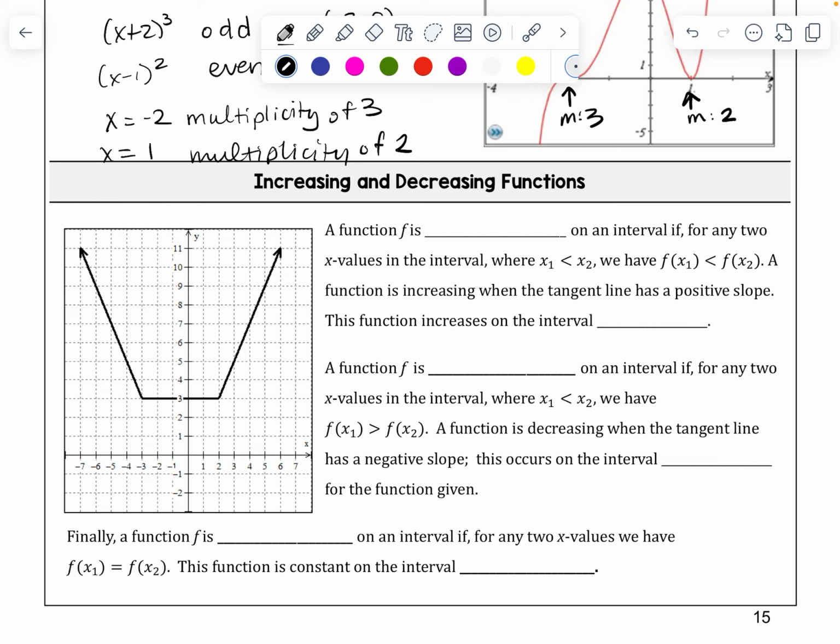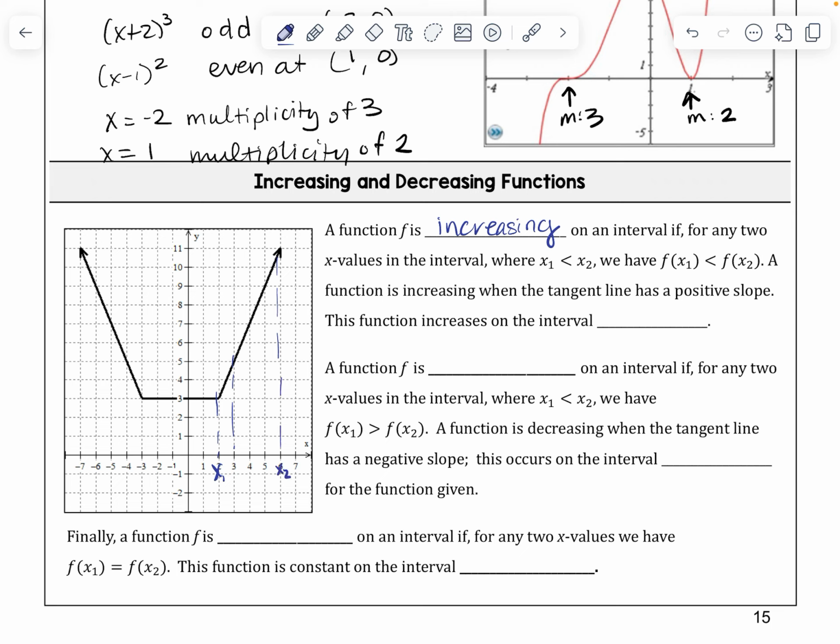So let's talk about increasing and decreasing functions. We've talked about this again in Unit 1 a little bit. Remember that a function is increasing on an interval if for any values where x1 is less than x2, so let's look at that. So we already know that this is where it's increasing. Let's say, for example, this value is x1, and this value is x2.